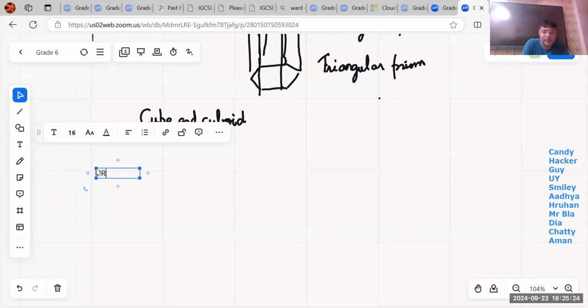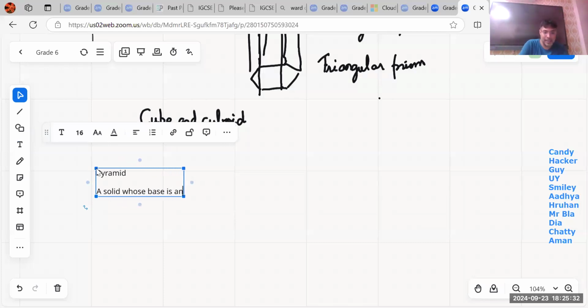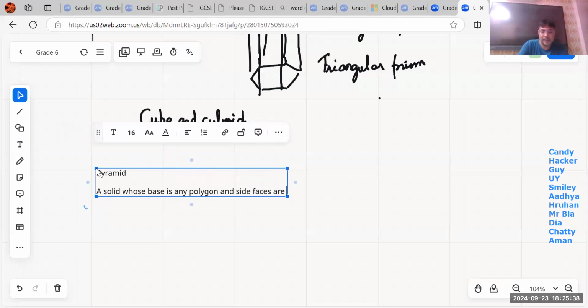Next, write pyramid. A solid whose base is any polygon and side faces are triangles. So guys, keep on noting them.